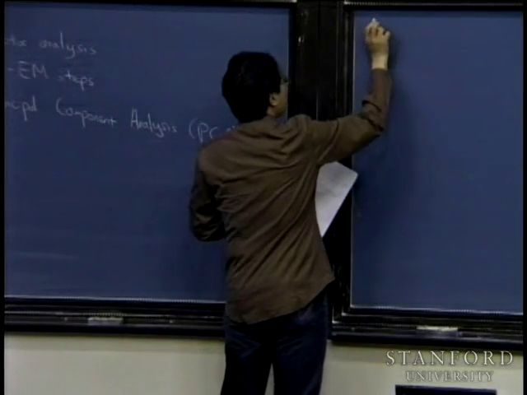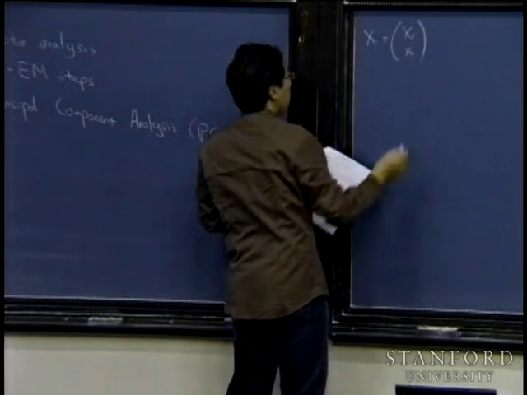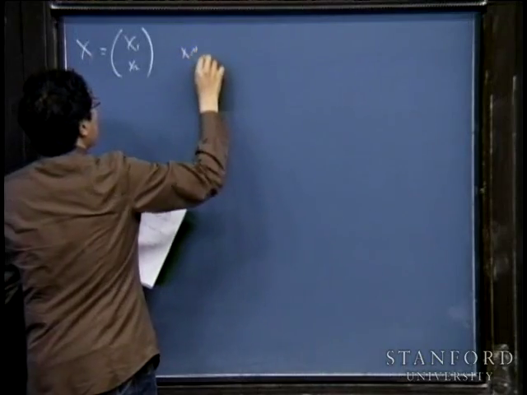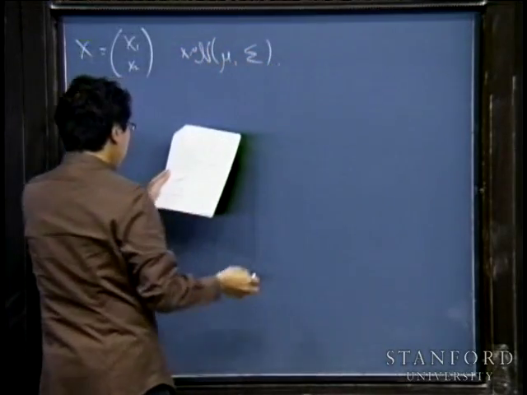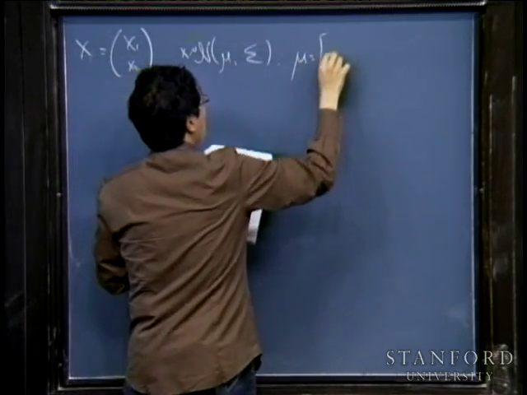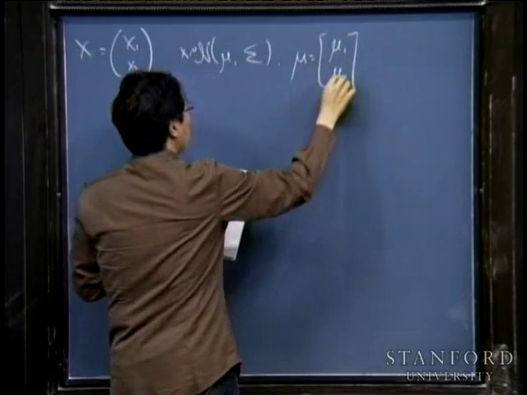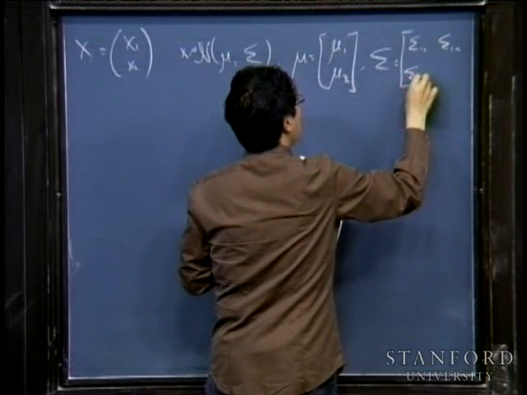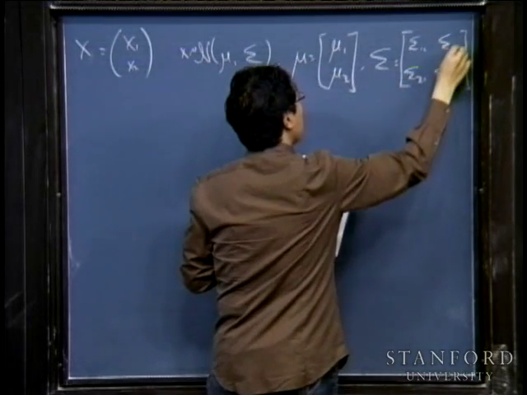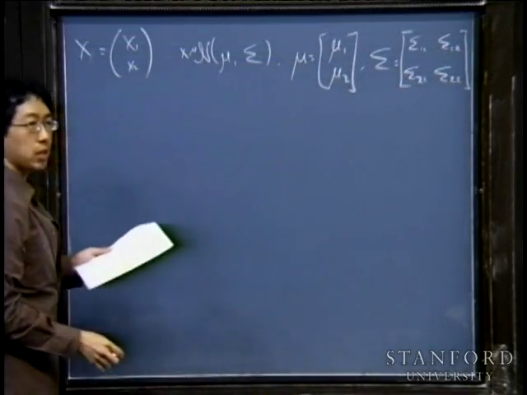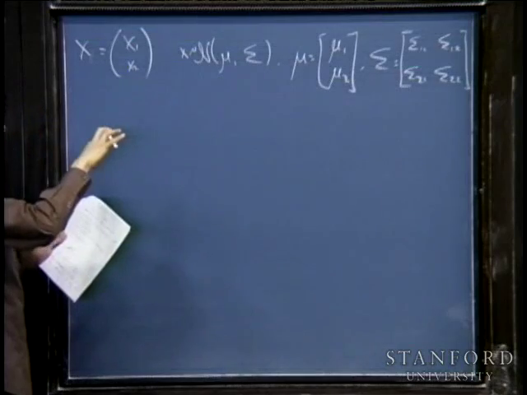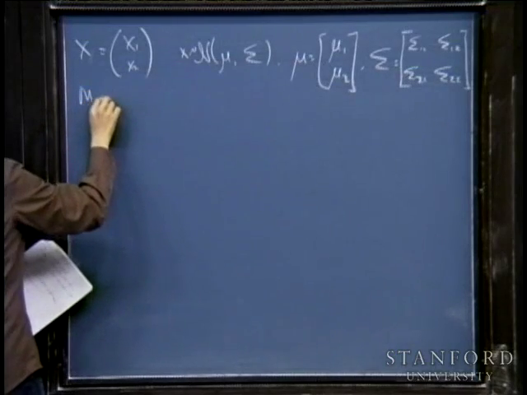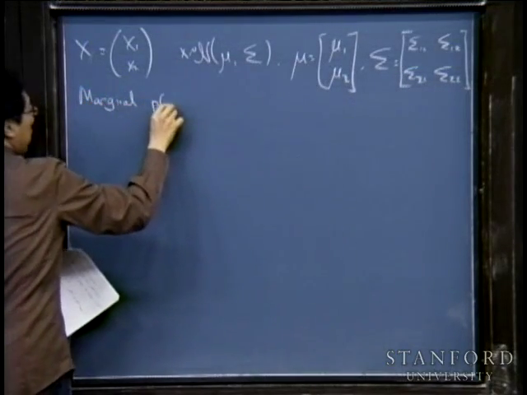One was that if you have a random vector x that can be partitioned into two portions, x1 and x2, and if x is Gaussian with mean mu and covariance sigma, where mu is itself a partitioned vector, and sigma is a partitioned matrix that can be written like that, so I'm just writing sigma in terms of the four sub-blocks, then you can look at the distribution of x and ask what is the marginal distribution of, say, x1.